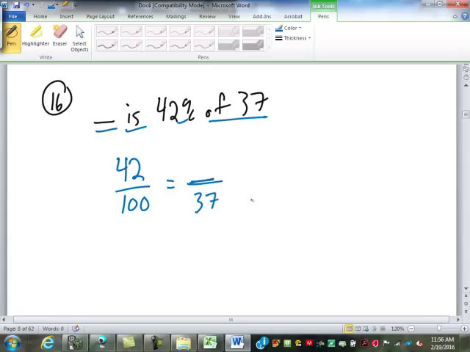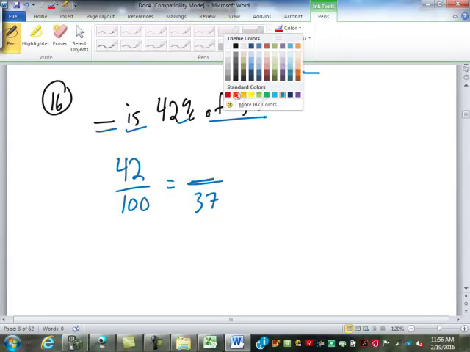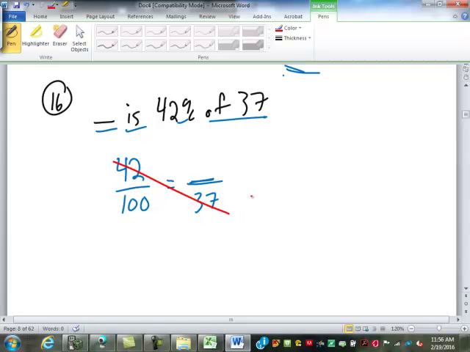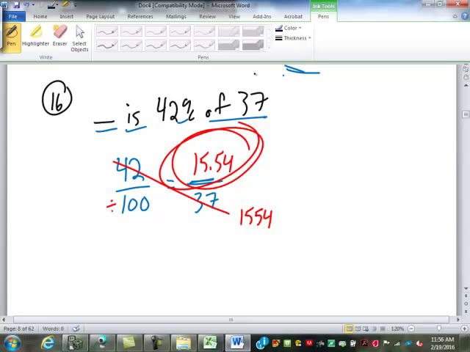We think of that as out of 37, goes on bottom there. And we will cross multiply and divide. 42 times 37 is 1,554. Divided by 100 is 15.54.